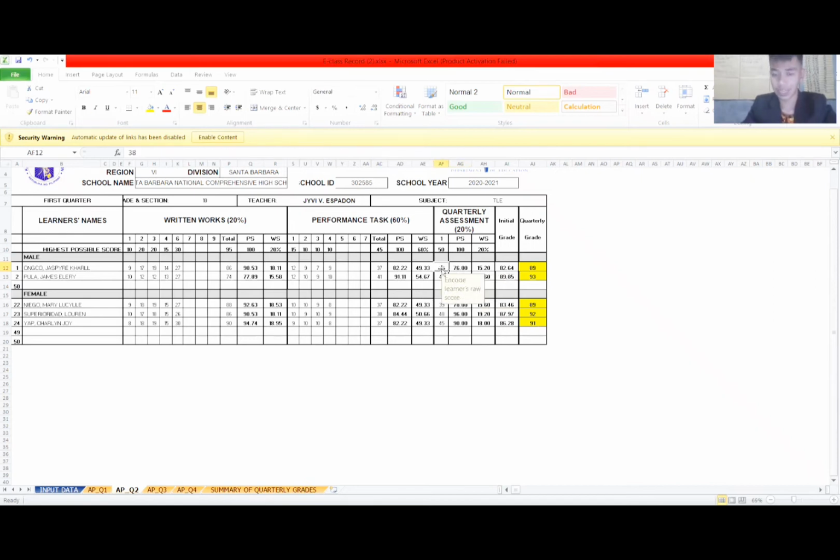Because 38 divided by 50 and multiplied by 100. The total score of my periodical exam is 50 and Mr. Ongko got 38, so the result is 76. So why is Mr. Ongko's weighted score in the quarterly exam 15.20? Because 76 will be multiplied by 20%, or in decimal 0.20, and the result is 15.20.